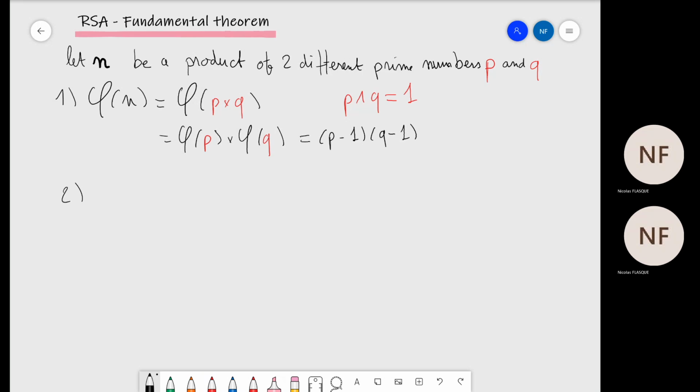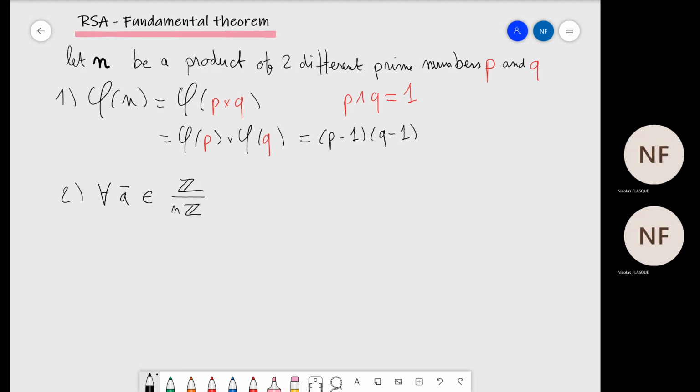So now let's go to the fundamental theorem of RSA. Actually, we won't use it in the form I will just write down in a few seconds, but from this theorem, we will get a very interesting property used by RSA. So the theorem is the following.